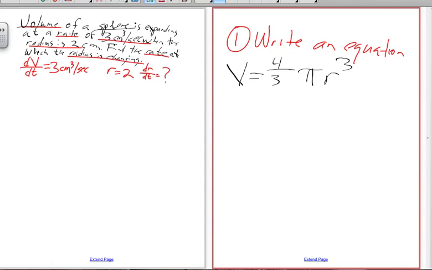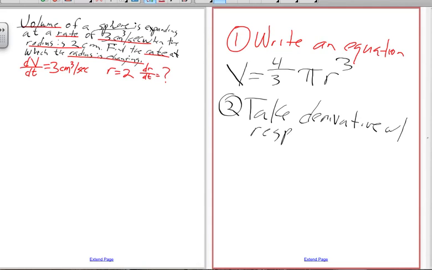And this is probably the hardest part. Then the second thing, take the derivative with respect to time, or you're looking for d/dt.